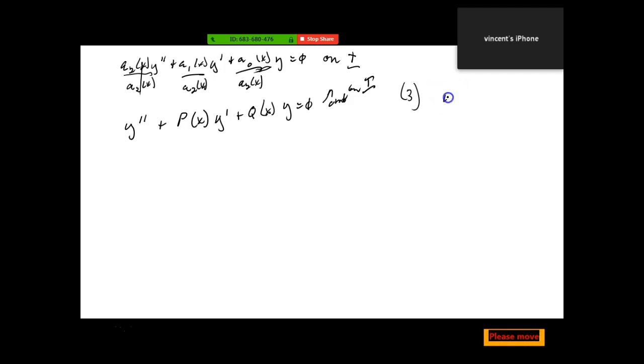So y1 is a solution of 3, a known solution of 3, on this interval I. And that y1 of x is not equal to 0 for every x in that interval I, for all those x's.